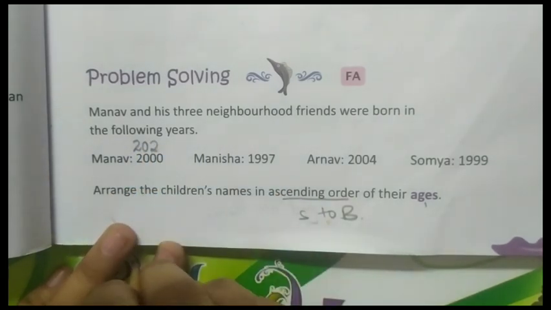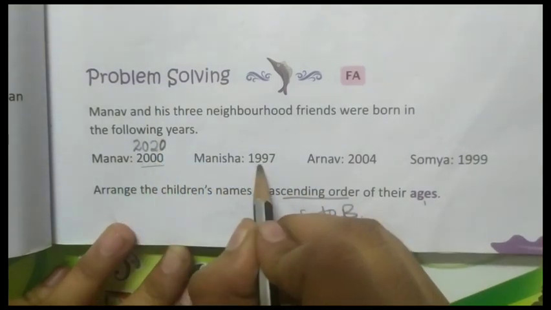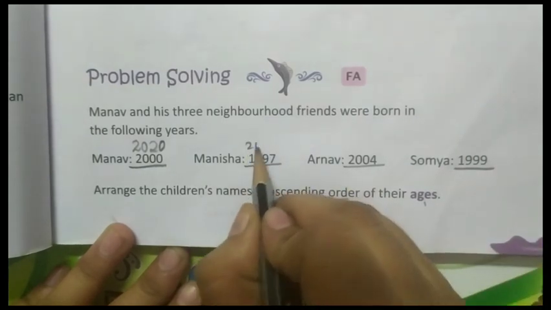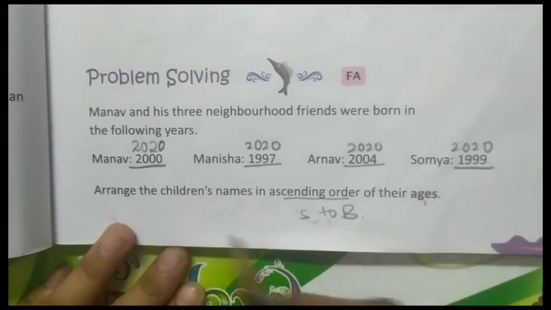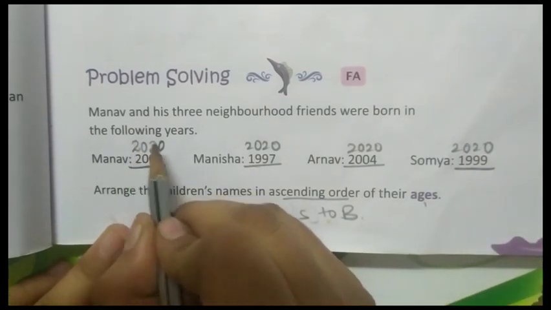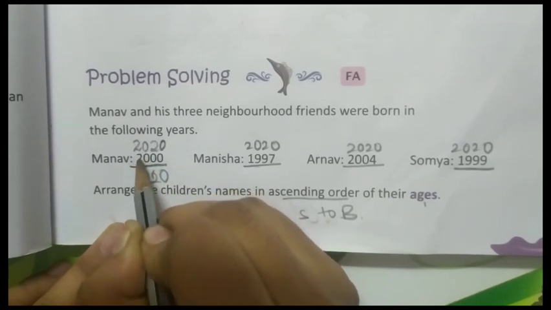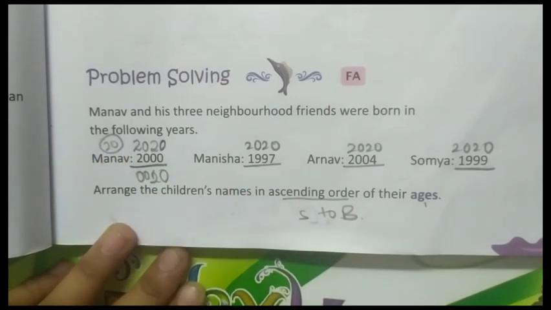Now which year is it? 2020. So we have to subtract these years from 2020. After subtracting, look here: 0 minus 0, 2 minus 0 is 2, 0 minus 0, 2 minus 2 is 0, so Manav is 20 years old.